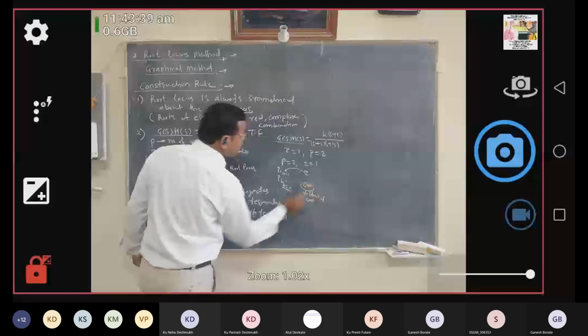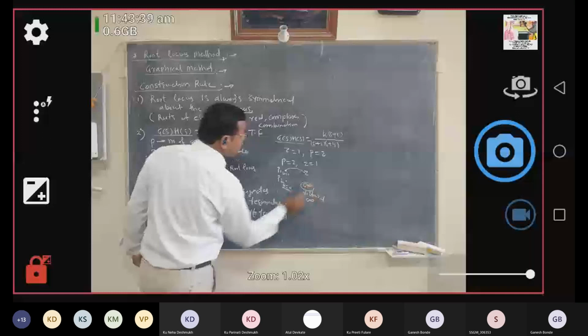So P minus Z branches are always terminating on infinity. Therefore, write down that the number of branches terminating on infinity is given by P minus Z. So this is all about the first case, when P is greater than Z.